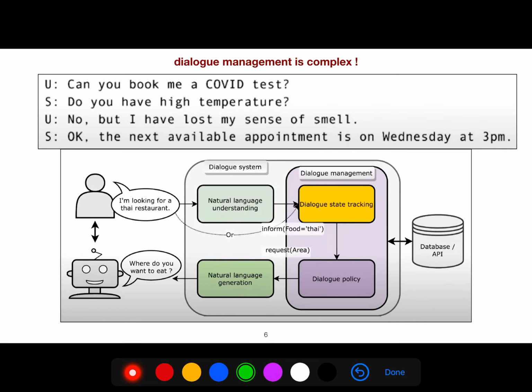So the dialogue management is really complex. We have different modules. Even the dialogue management has two subsystems: dialogue state tracking and the dialogue policy. So this is the standard way, but this dialogue system could be changed. I mean, each person implements it differently.